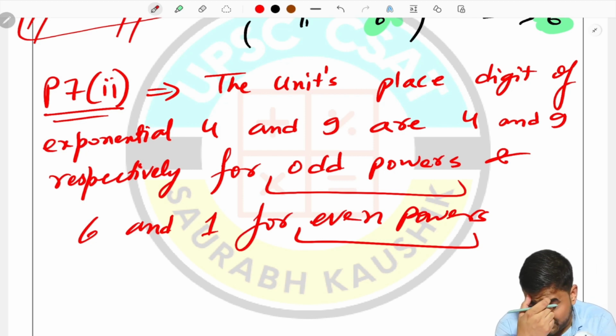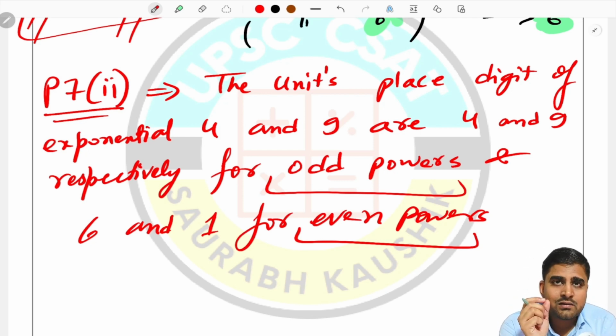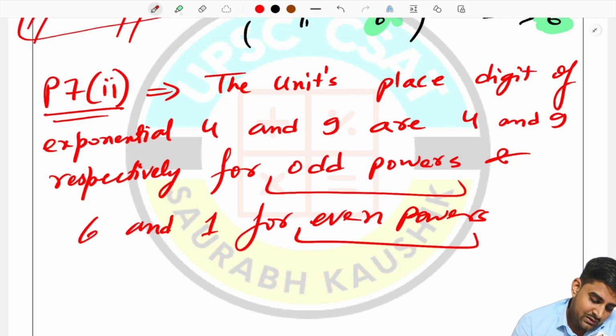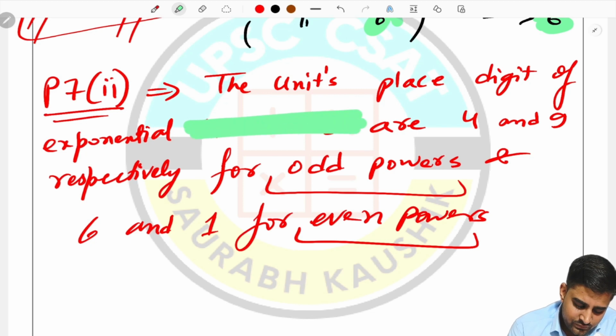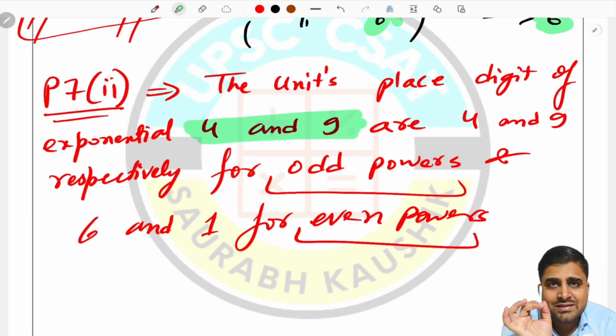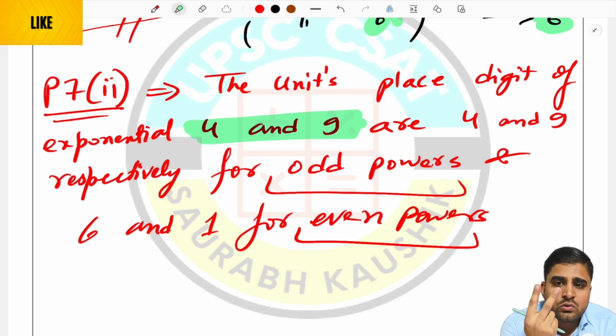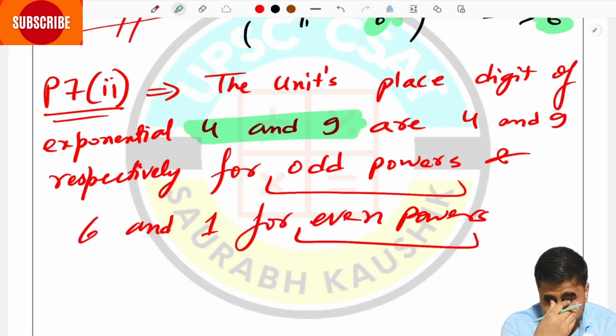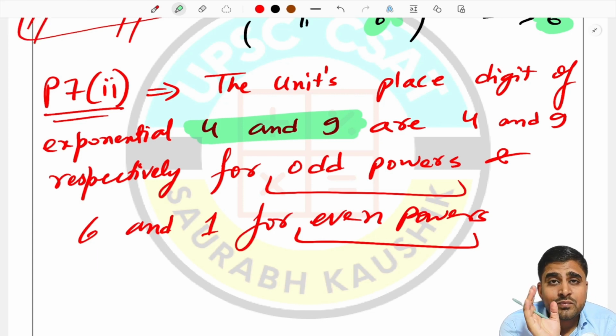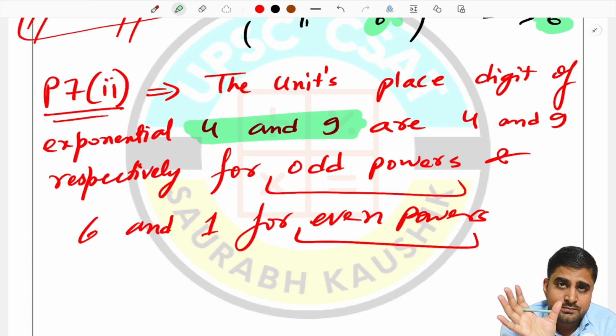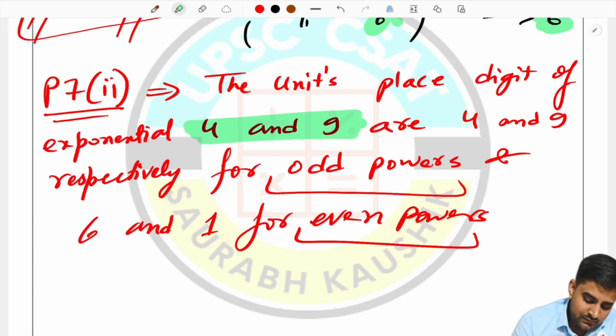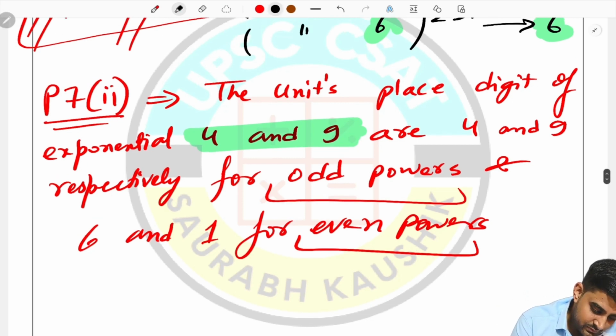So what does property number 7 say? If the last digit is 4 or 9, then there are two possibilities: first one is even, second one is odd.